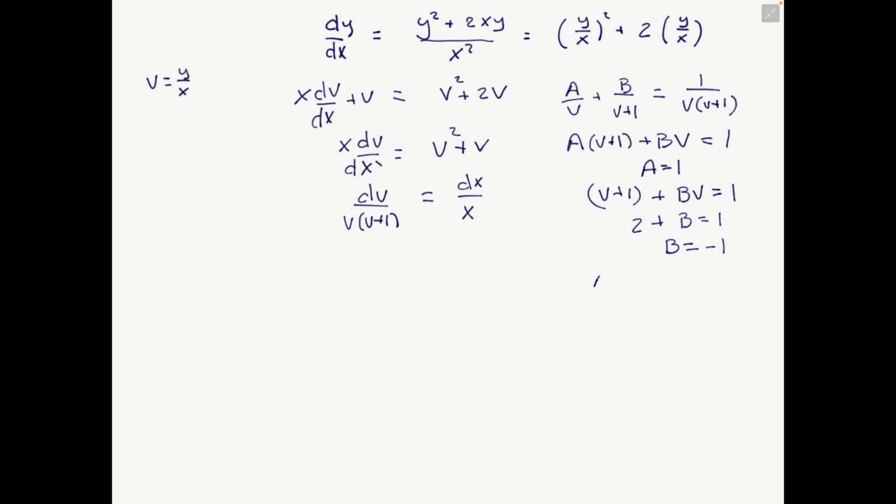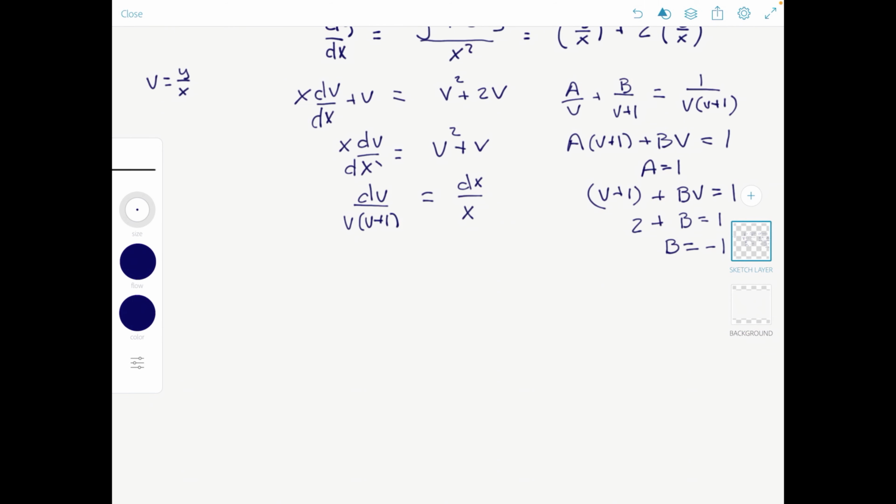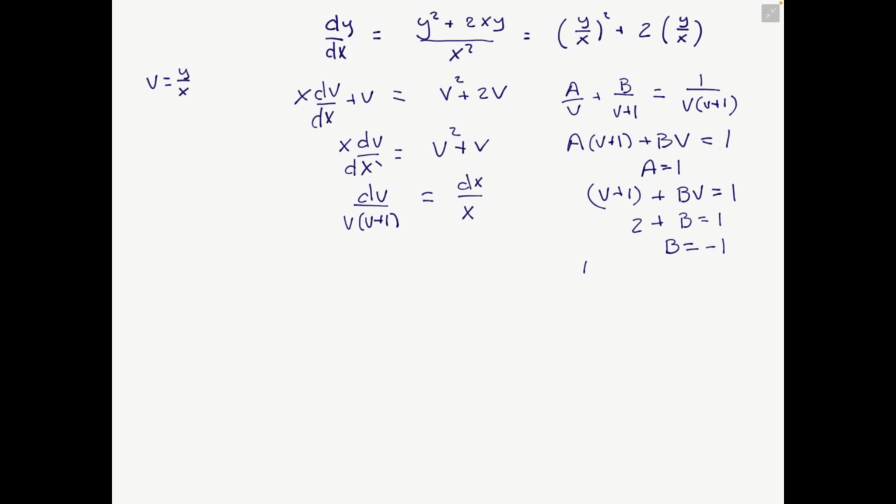So we get 1 over v minus 1 over v plus 1 is equal to v plus 1 minus v over v times v plus 1, and that's our answer. So that works.